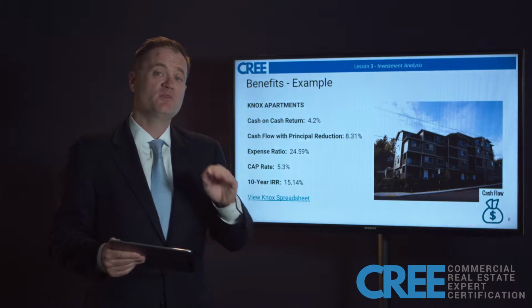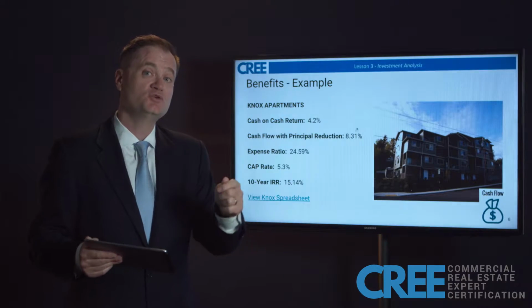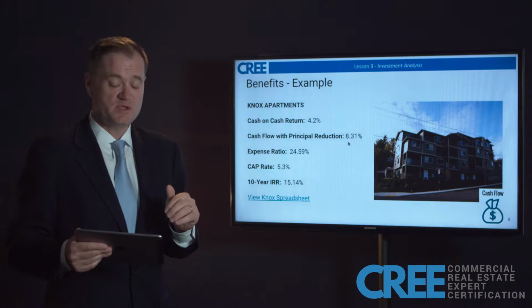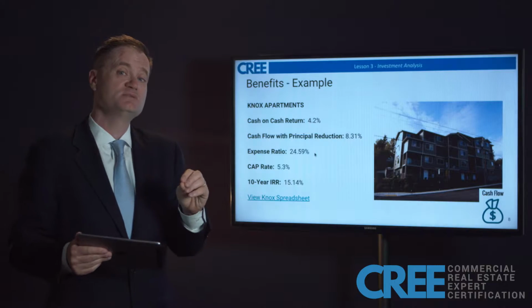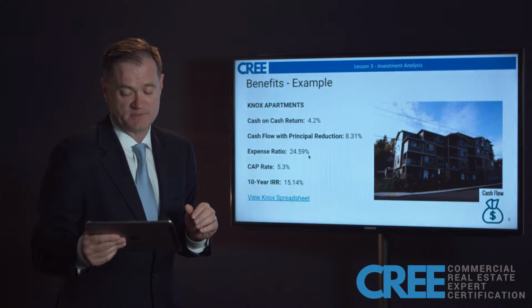When you take into account the principal reduction that they have, and this is on an annual basis, the number actually increases to 8.3%. The expense ratio, how much the total expenses were on the property, is just under 25%.